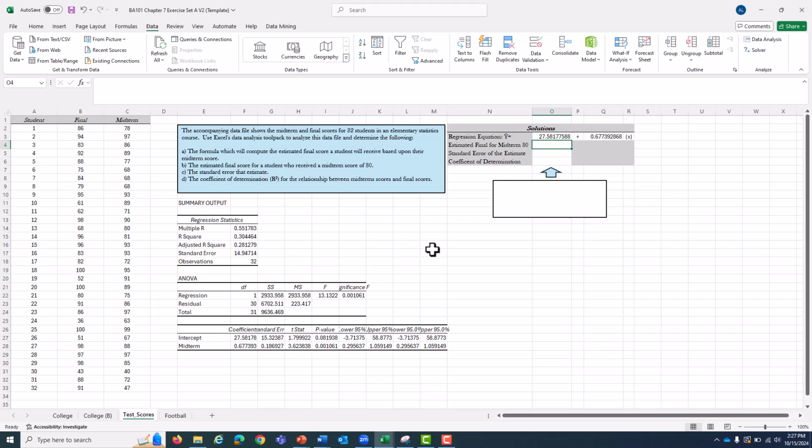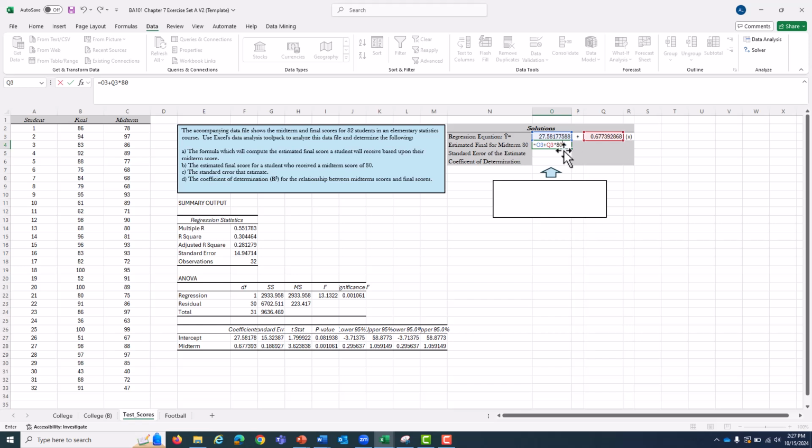So down here, for my estimated final for a midterm score of 80, what we're answering in part B over here, I can just fill in this equation. It is equal to A, that 27.58 and change, plus B, that 0.677 additional points we get for each point on the midterm, times X, the number that we're testing for. And we're looking for a student that had a score of 80.